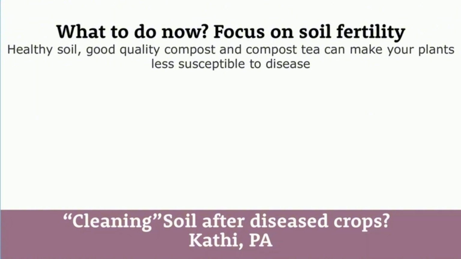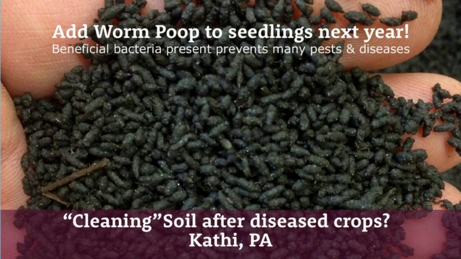And then what do you do now? So now you want to focus on that soil fertility, and you've already done some of this with adding your compost tea. When you have healthy plants, they're less susceptible to disease. One of the things that's really beneficial is worm poop. So this fall, you might want to add some of that worm poop in.